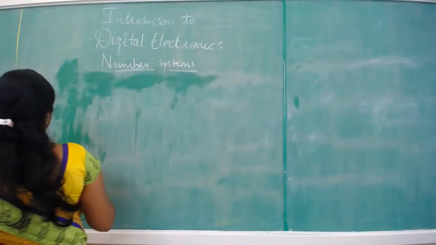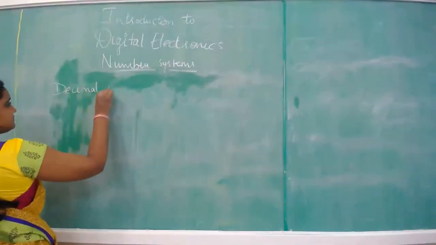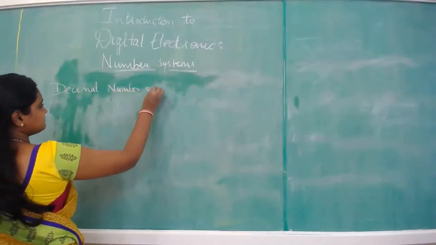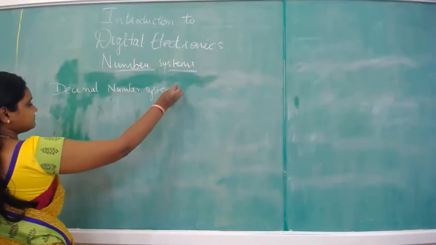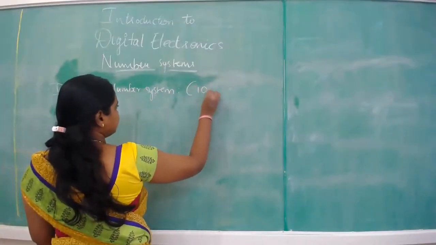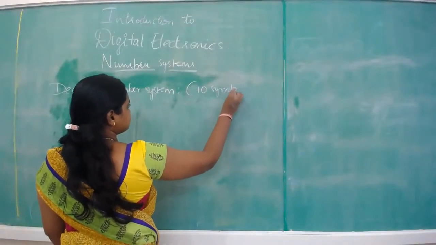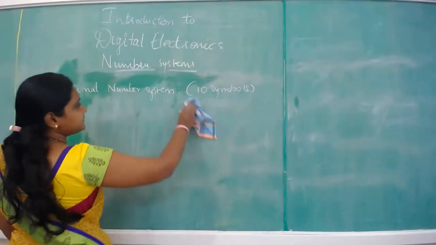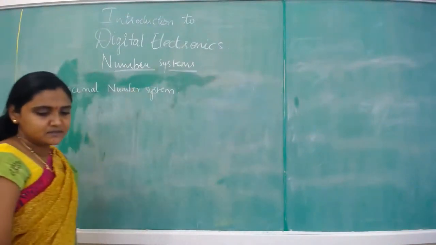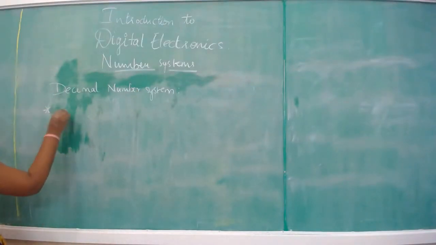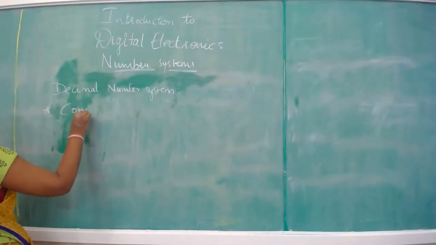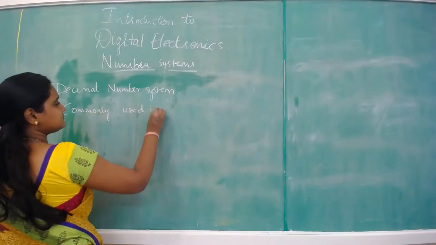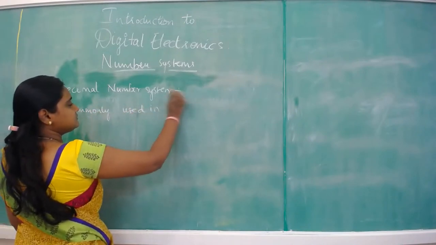So our decimal number system now. We are having 10 symbols. Okay. So I'll just write it point-wise about the decimal number system. Commonly used in daily life, in day-to-day life.